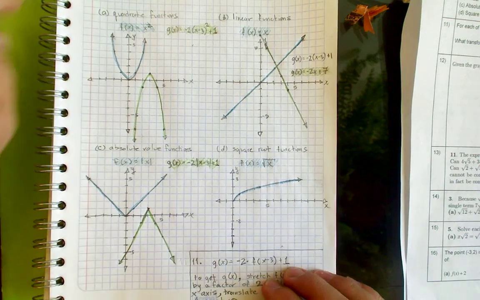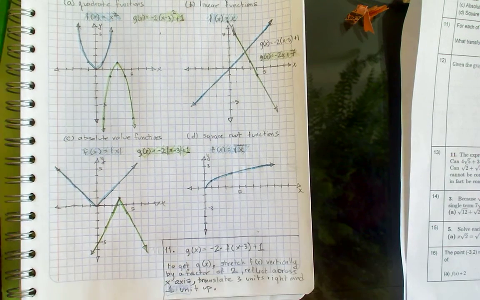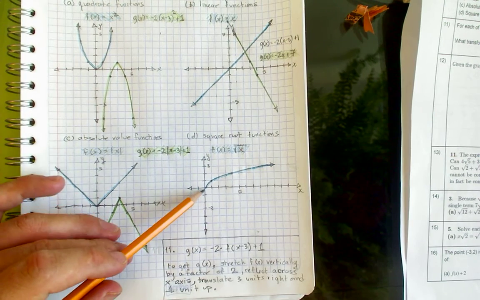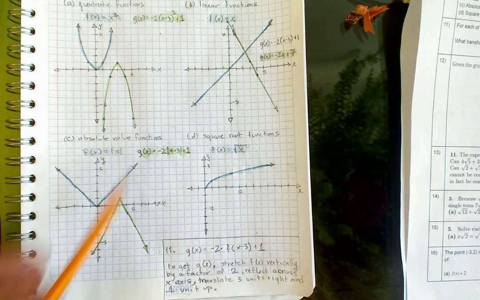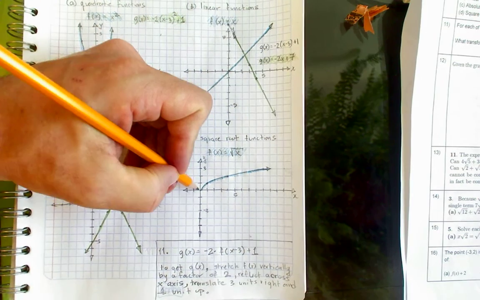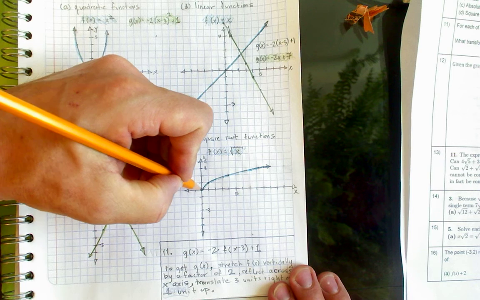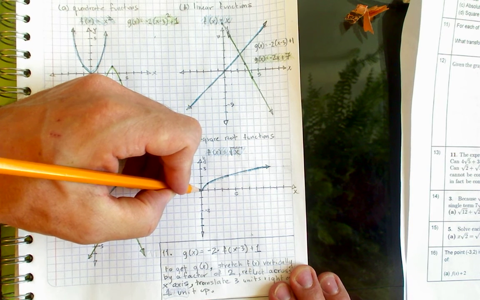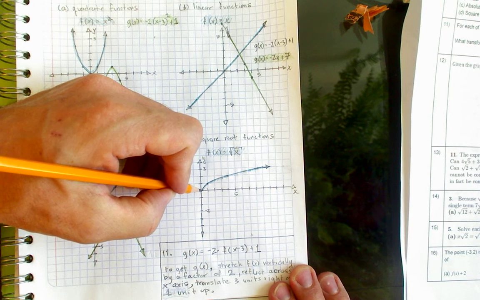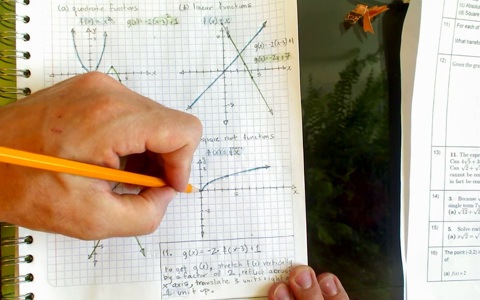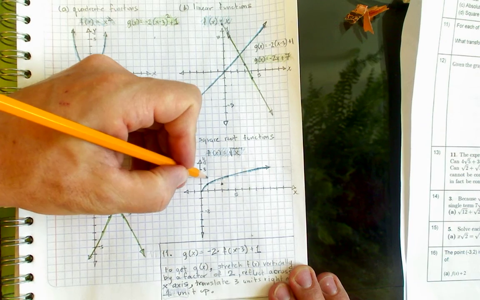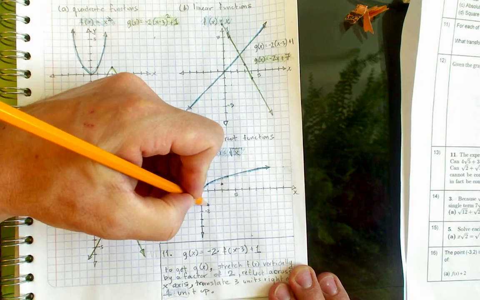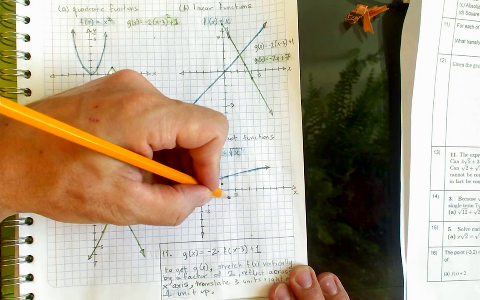There we go. One more, the square root function. So again, if I don't know exactly how to construct the graph of the transformed function, I can just transform a few points to see where it's going to end up. This point, stretched and reflected, stays where it is, and then translate 1, 2, 3, and up 1. This one, stretch, reflect, translate 1, 2, 3, and up 1.